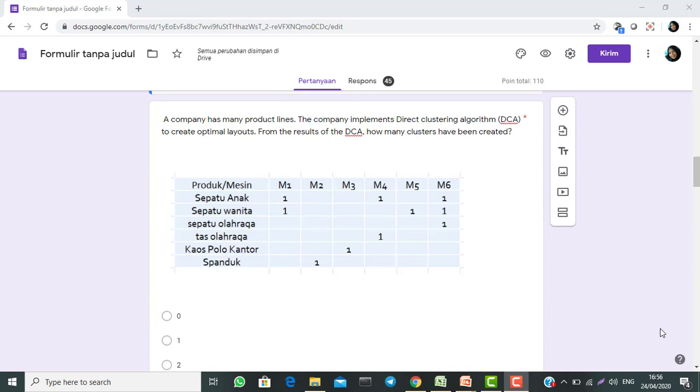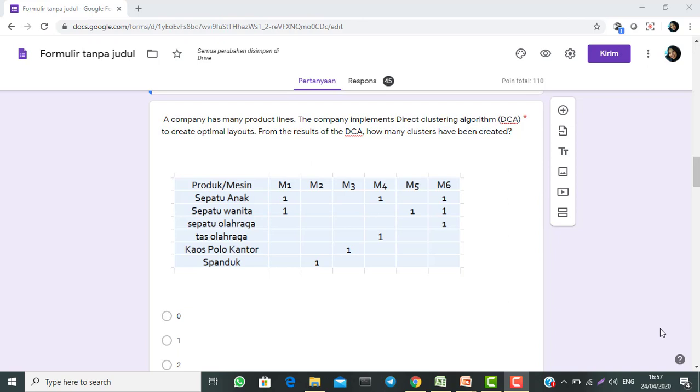A company has many product lines and the company implements the direct clustering algorithm, or DCA, to create optimal layouts. From the result of the DCA, how many clusters of machine grouping have been created? In this case, a facility planner in the company wants to use the DCA to create the optimal layout.